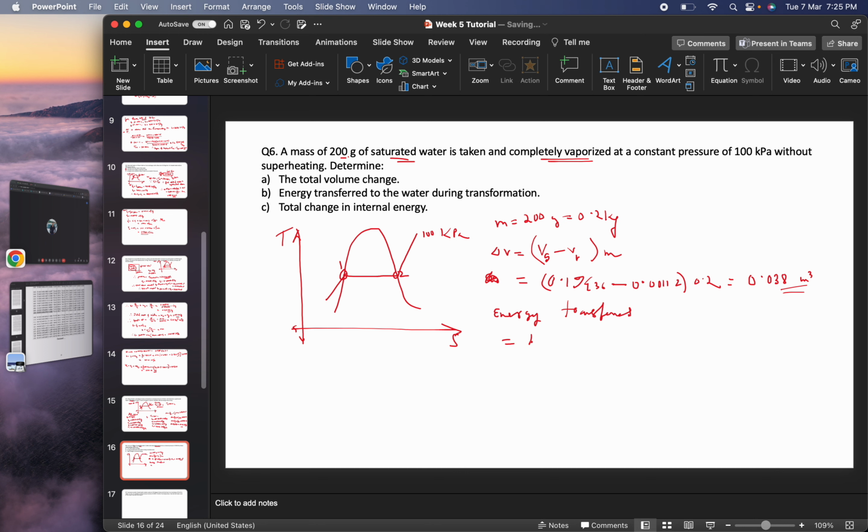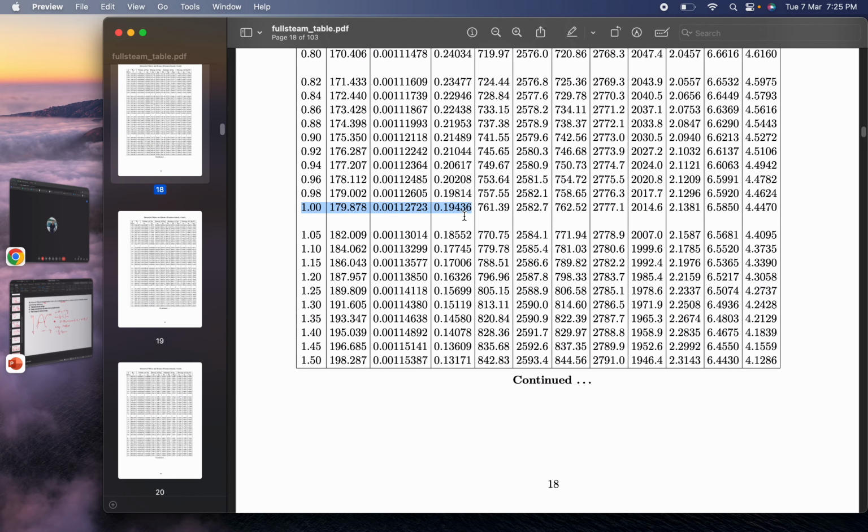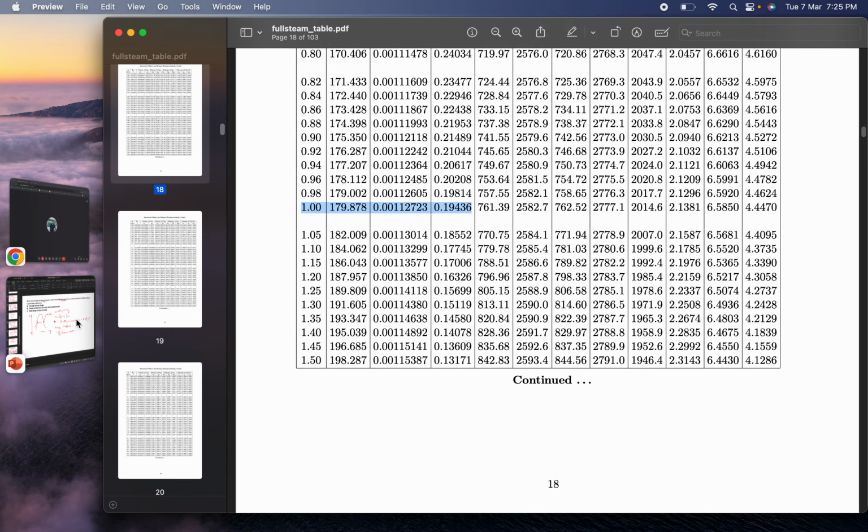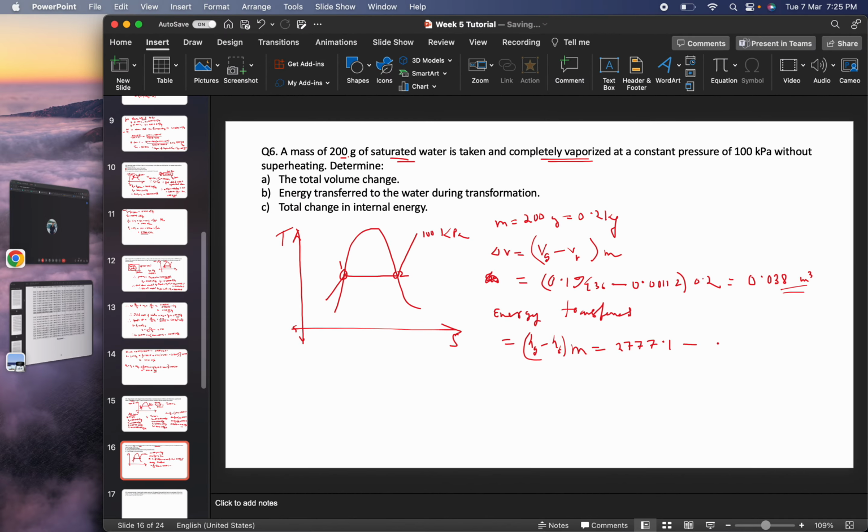Next is your change energy transferred, is what? Hg minus Hf times m. Okay, so what is my Hg? This is Uf, this is Ug. Hg is 2777.1 minus 762.52 times your 0.2.